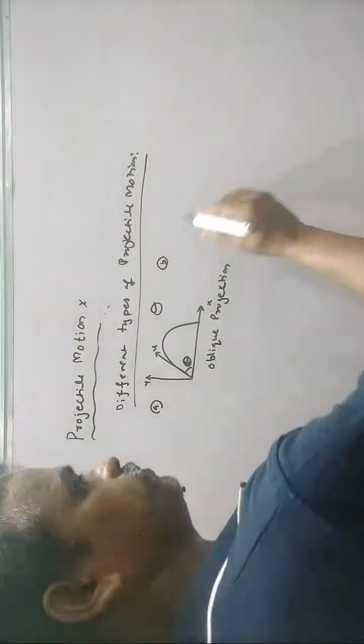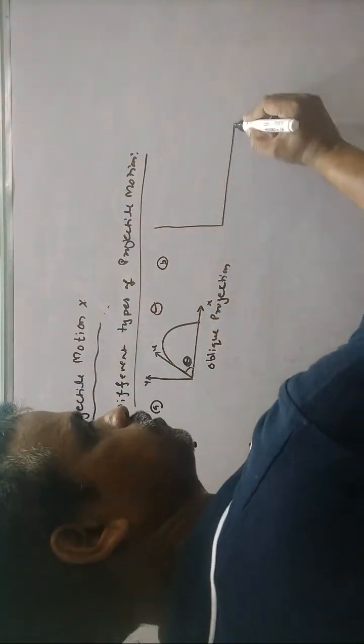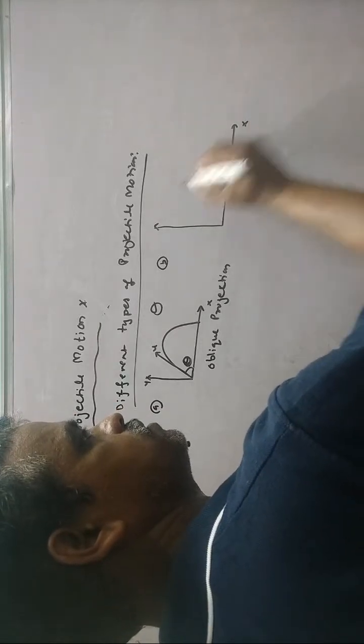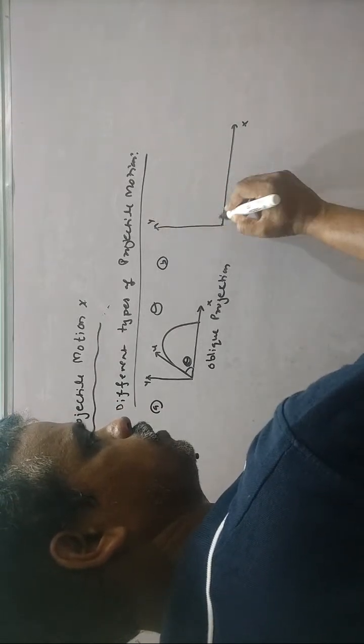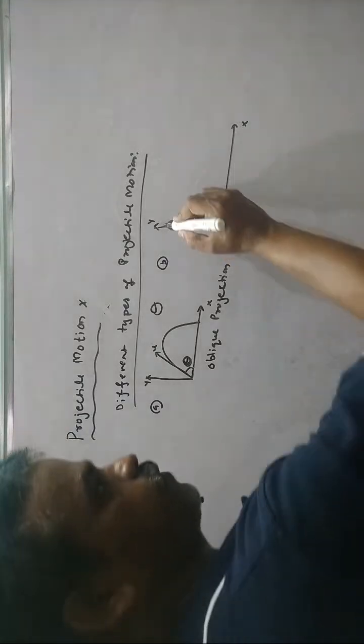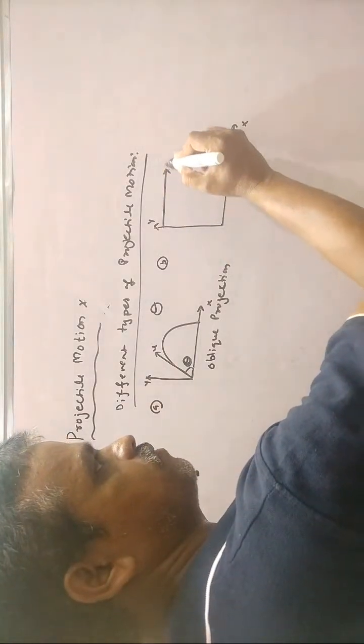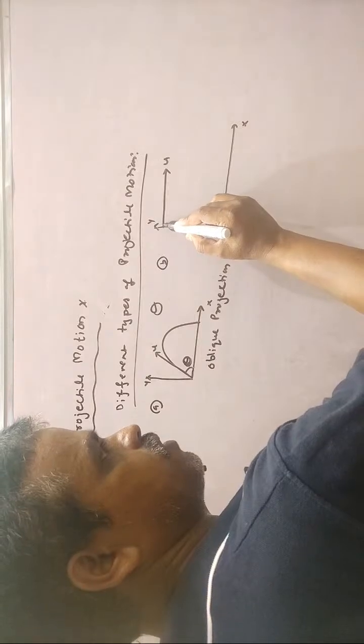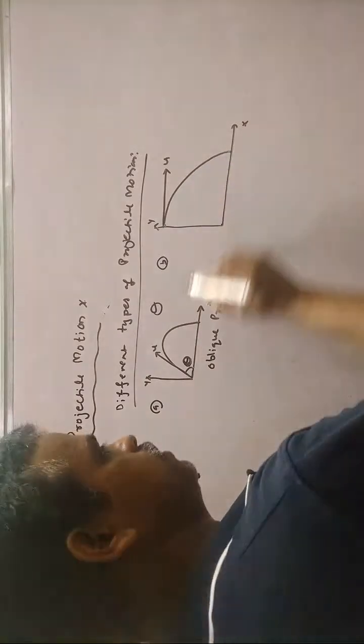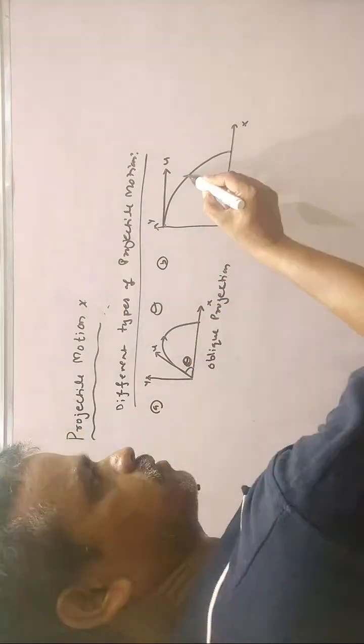Next, second, horizontal projection. Like this, x-axis, y-axis. So what happens here?